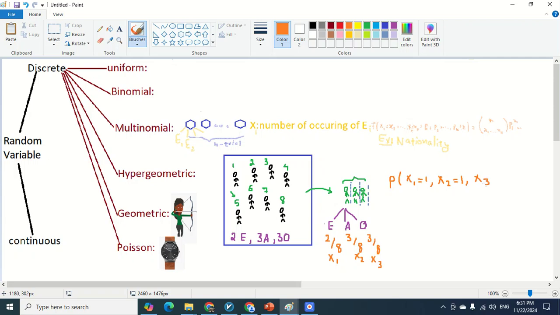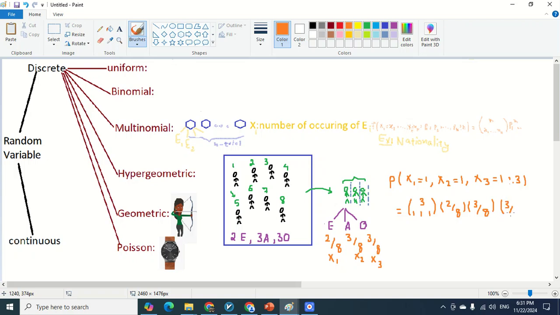With that description of the question, we should calculate the given probability by using the combination of 1, 1, 1 out of 3, meaning that we have 1, 1, 1 out of 3 cases, and the corresponding probability to the given powers or exponents. So 2/8 to the power of 1, because we have 1 student from Europe, and 3/8 to the power of 1 again, we have 1 Asian student, and also the last one is 3/8 as well.